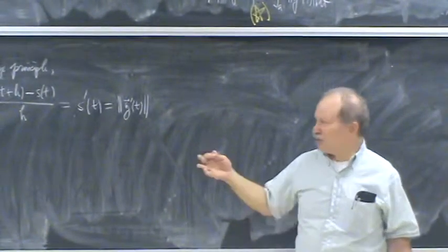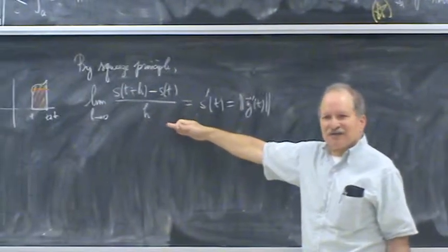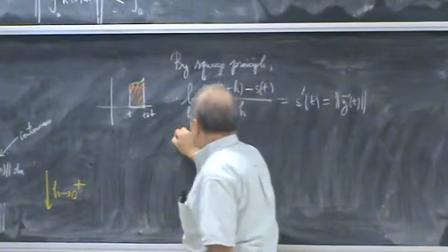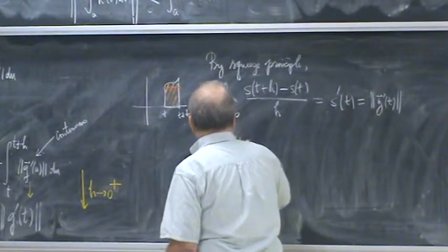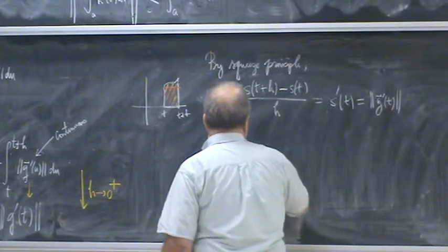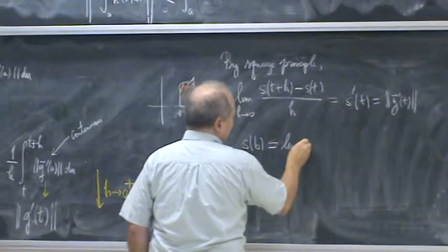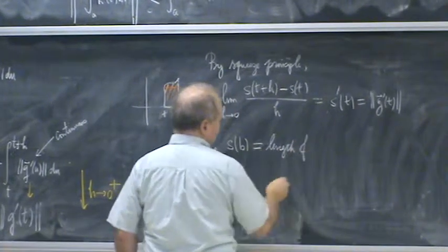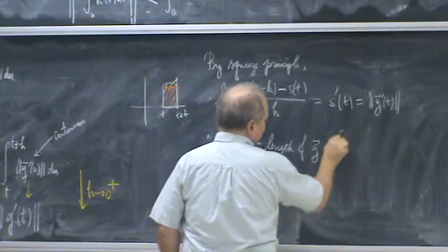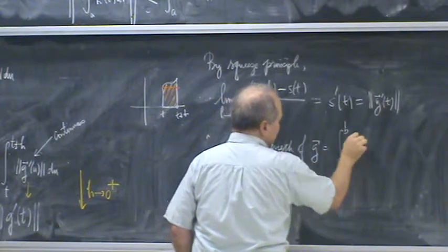So how do you get the length of the curve? You integrate its derivative. And it's the integral of the speed from a to b.